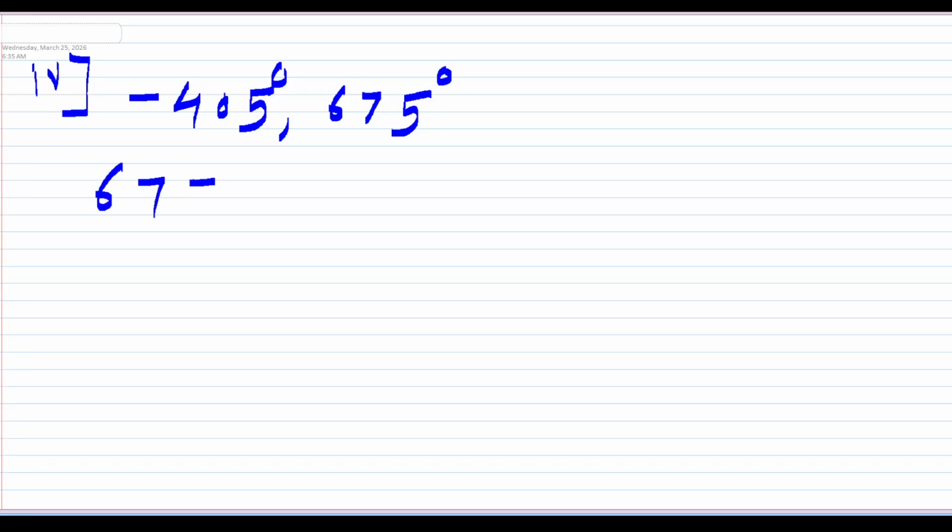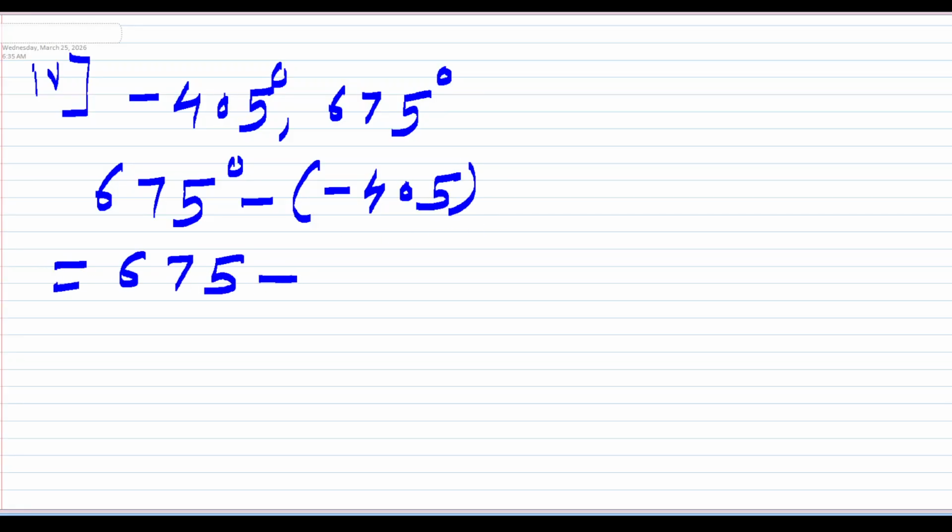The bigger angle is 675, and if we subtract minus 405, then you get 675 plus 405. So 5 plus 5 is 10, so first 0 will come. 7 plus 1 is 8, plus 0 is 8, and 6 plus 4 is 10. This is 1080.